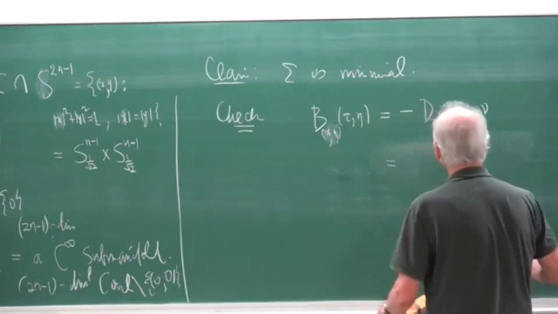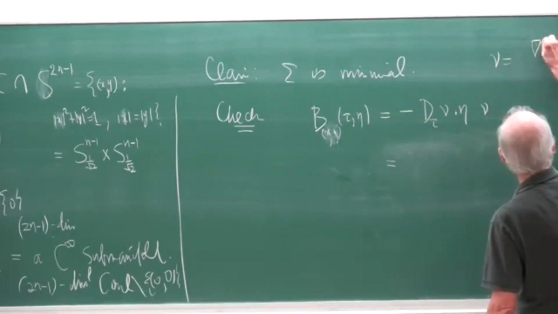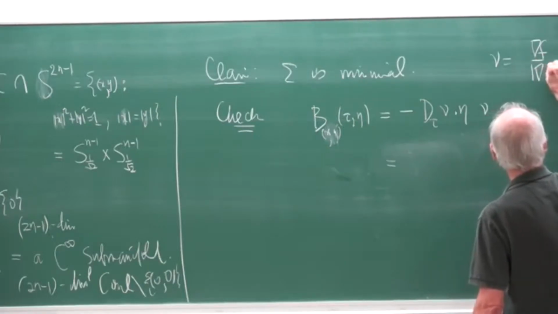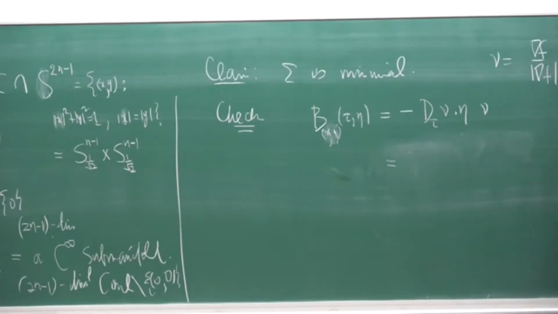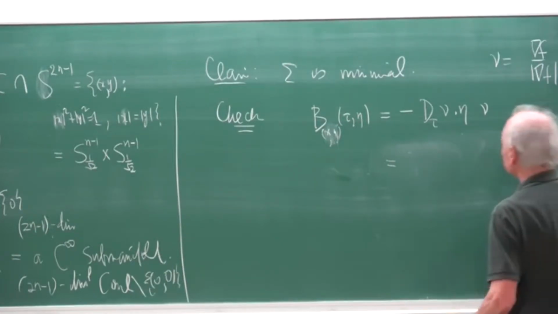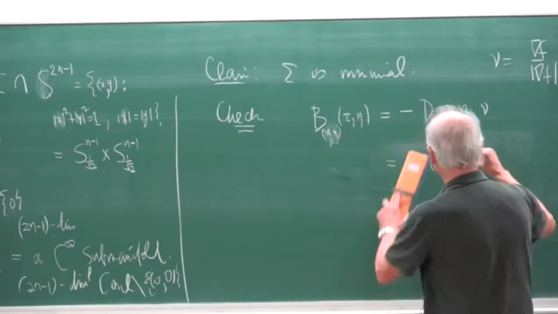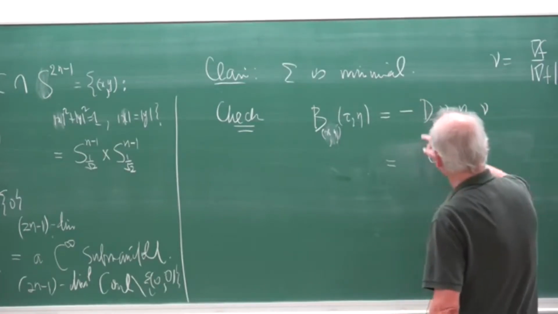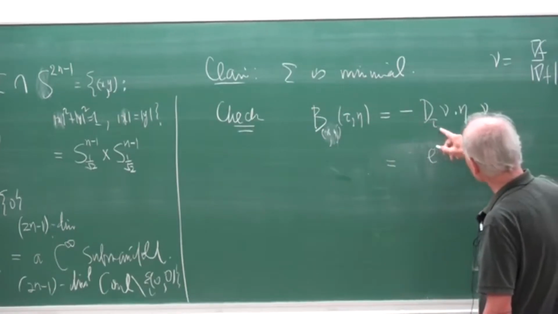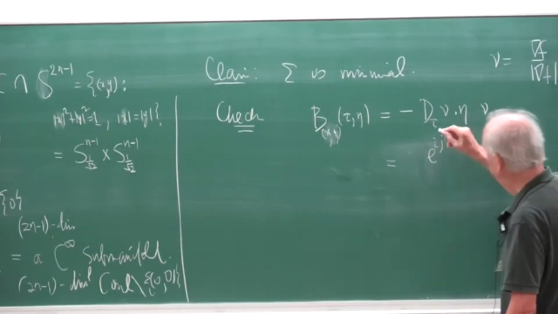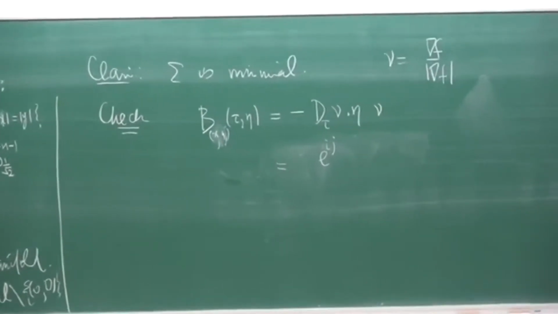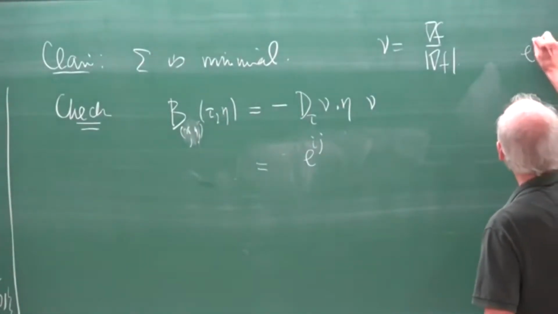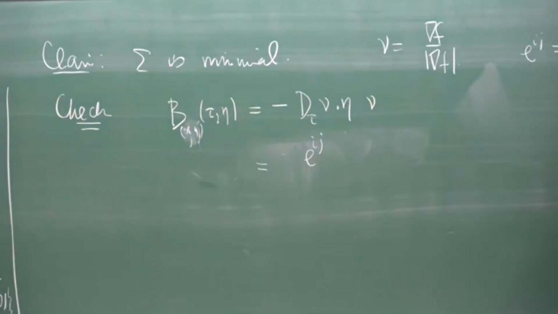Okay, so nu is grad f over the length of grad f. So d, so this is tau^i tau^j. Well, remember the expression for this. One of the ways of computing this would be to use that these are tangent vectors, so you can use the matrix of the orthogonal projection onto the tangent space. So E_ij is the matrix. It's delta_ij minus nu_i nu_j, where i, j goes from 1 up to 2n.